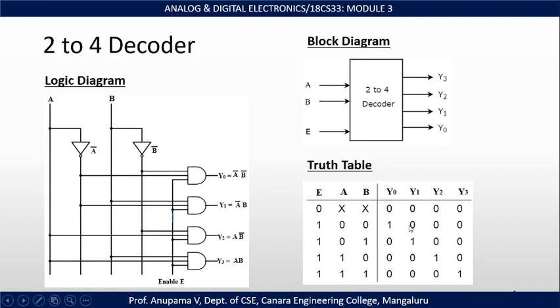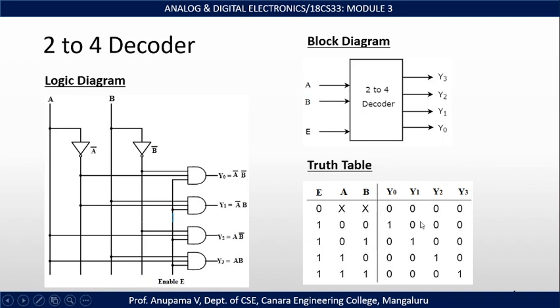This table indicates the truth table of 2 to 4 decoder. As shown in the truth table, if enable input is 1, then one of the output will be active.